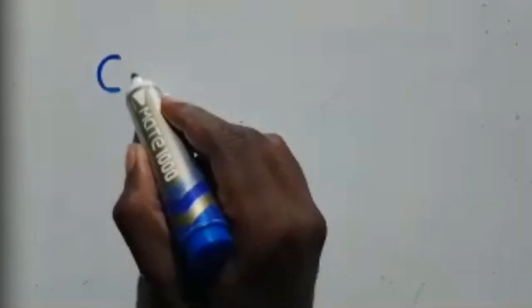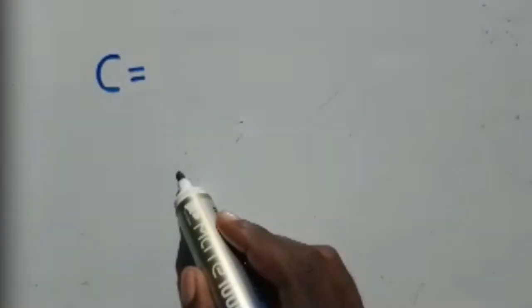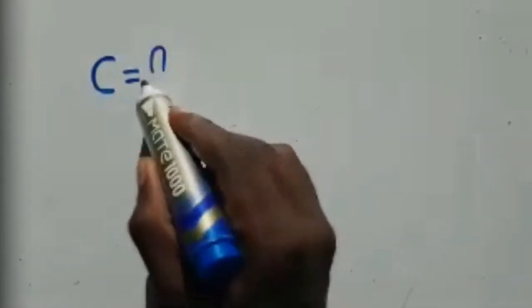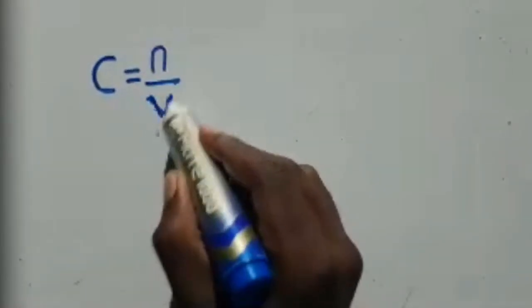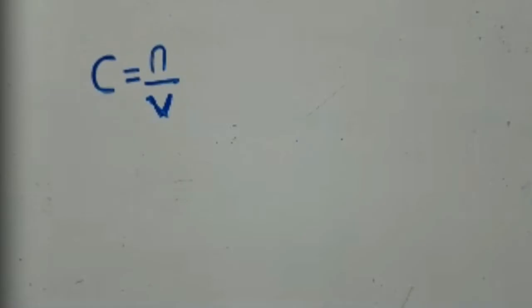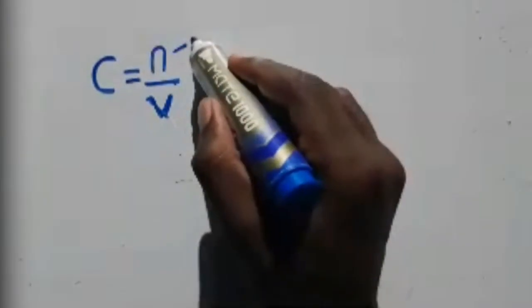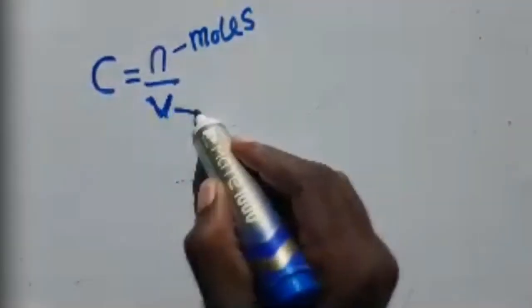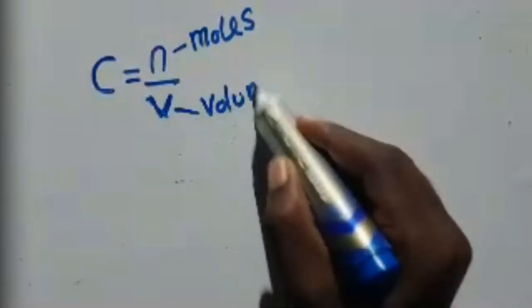So we also talked about concentration, if I remember very well. We said concentration is equal to the number of moles over what? Over volume. This is the formula that I gave you under concentration. This one is moles, and this one here is volume.